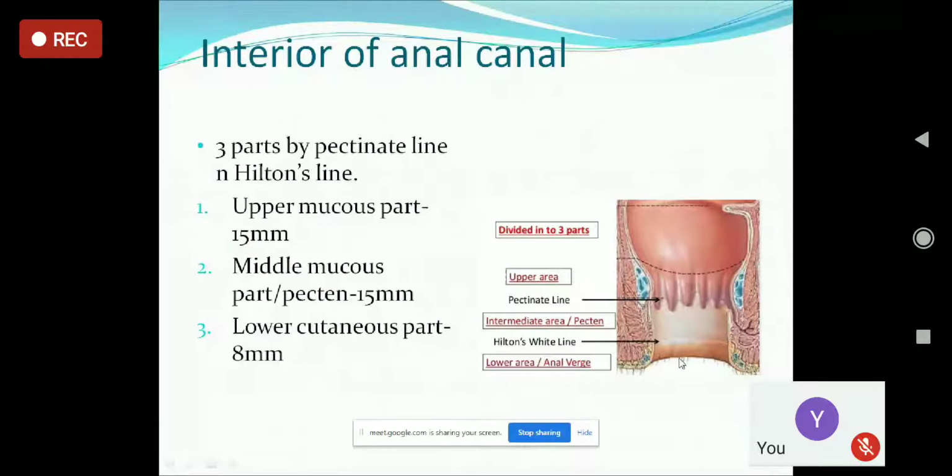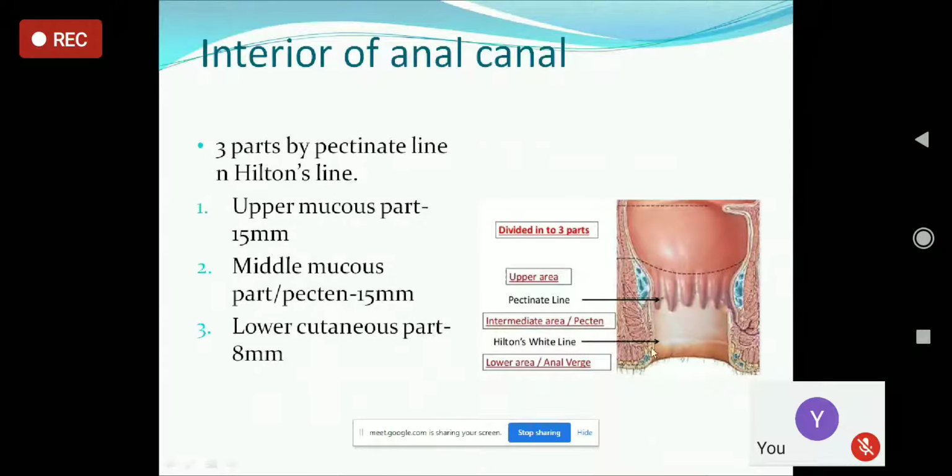The interior of the anal canal is very important. Look here. The interior of the anal canal is divided by the pectinate line and the Hilton's line. The pectinate line will pass from here.